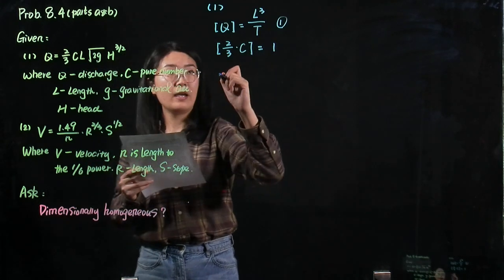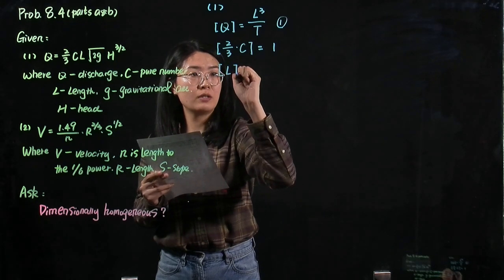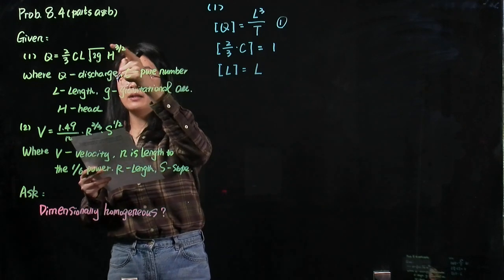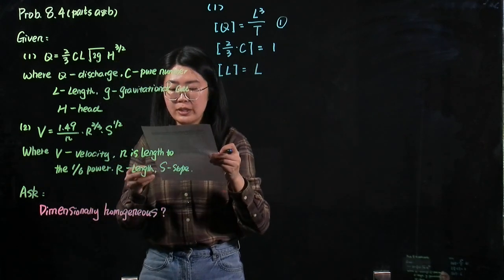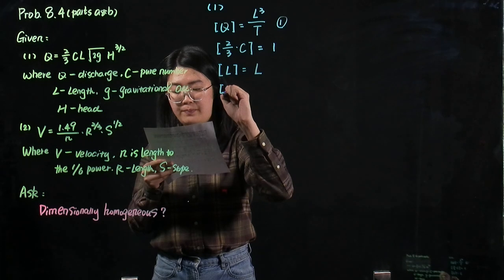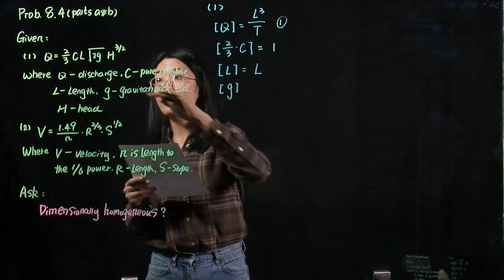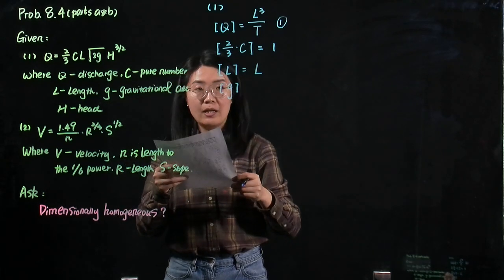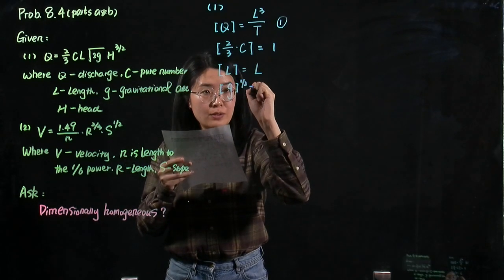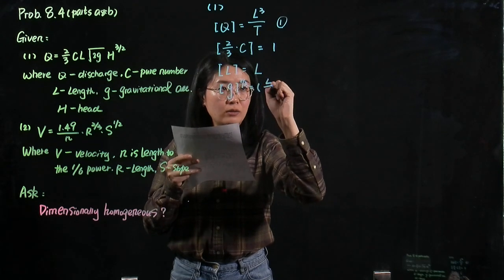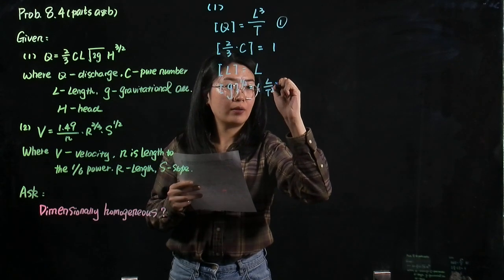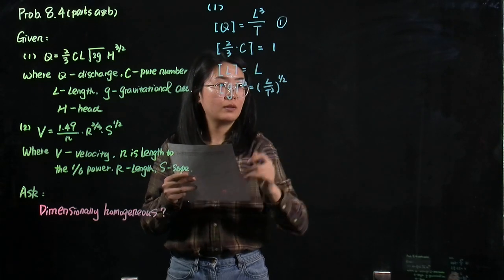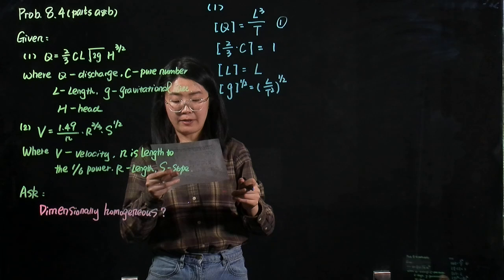And then the dimension of L is L itself. And in the square root is 2g, right? Because we already know the dimension of this pure number 2 is 1, we just ignore it. So this should equal L over T squared, to the power of 0.5.